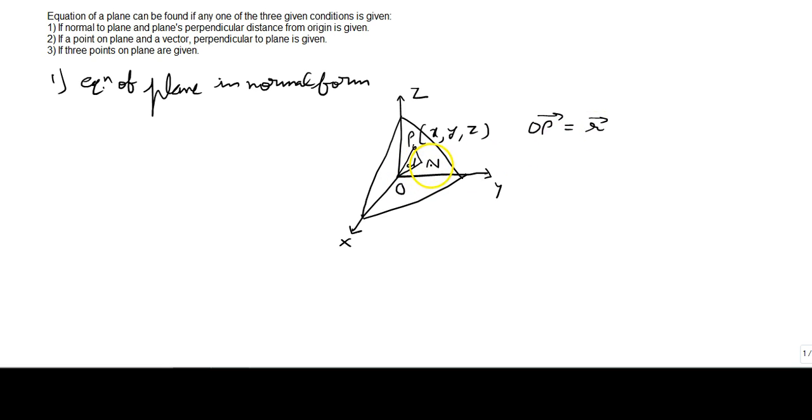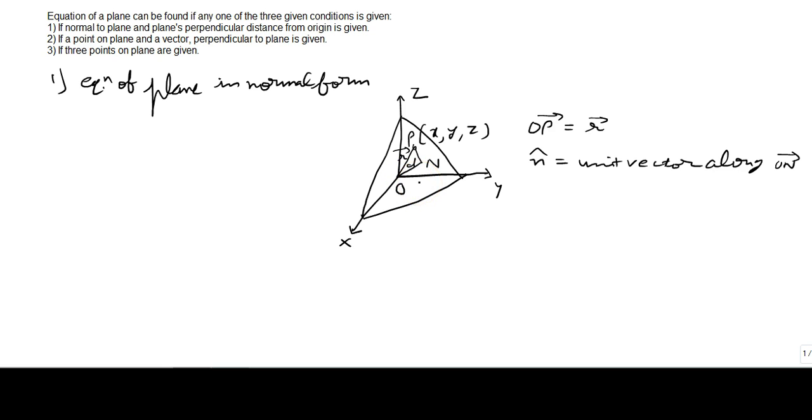Now for this ON, there will be one n cap which is a normal vector, a unit vector along ON, which is going to represent direction of ON, and OP is R. This D is the perpendicular distance between the plane and the origin.